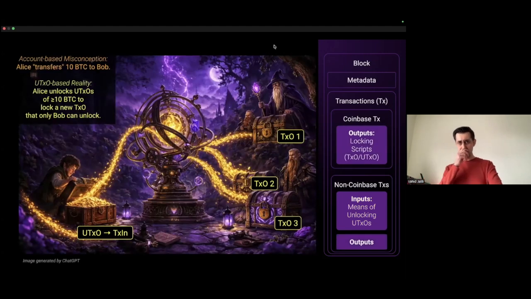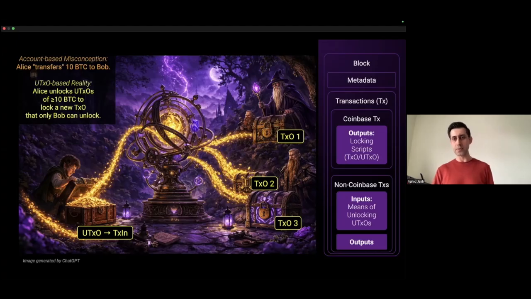There is a common misconception in looking at Bitcoin transactions, that we usually translate them as someone transferring some Bitcoins to another person. That is not usually what happens on Bitcoin. You never transfer something from one address to another address.